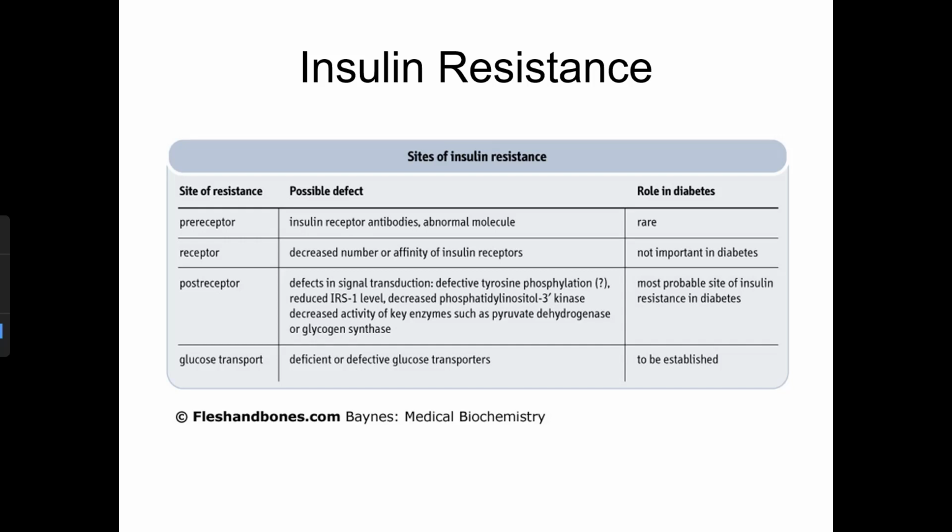Post-receptor, defects in signal transduction, so defective tyrosine phosphorylation, reduced IRS1 levels, decreased phosphatidylinositol 3 kinase, decreased activity of key enzymes such as pyruvate dehydrogenase or glycogen synthase. And that's the most probable site of insulin resistance in diabetes. Glucose transport, so deficient or defective glucose transporters, that's yet to be established.